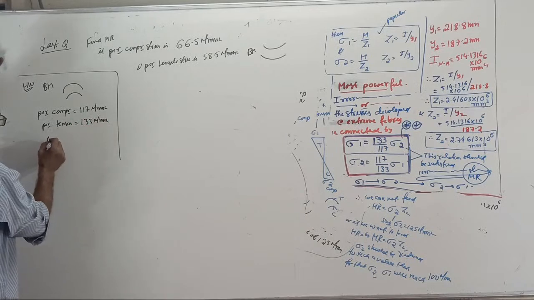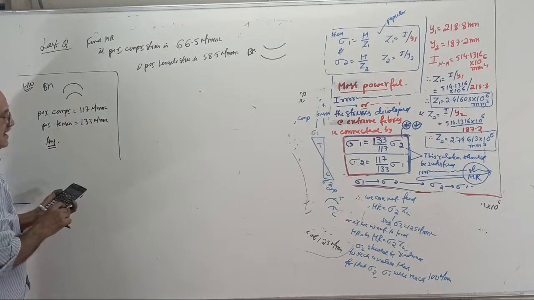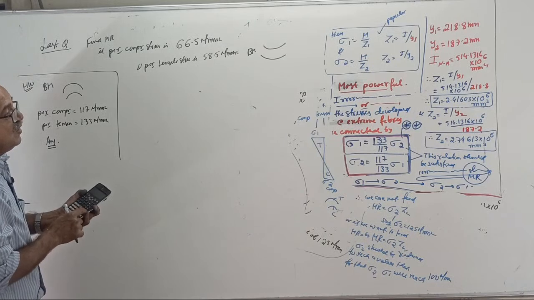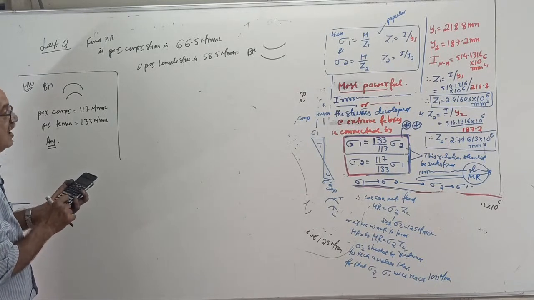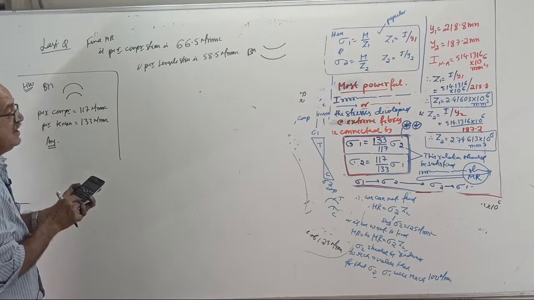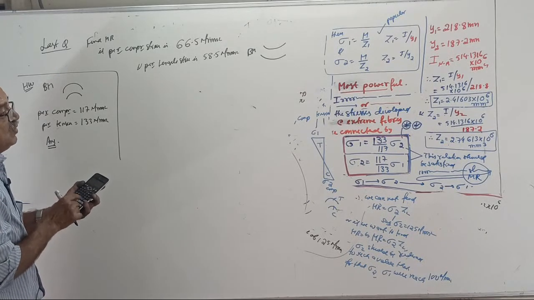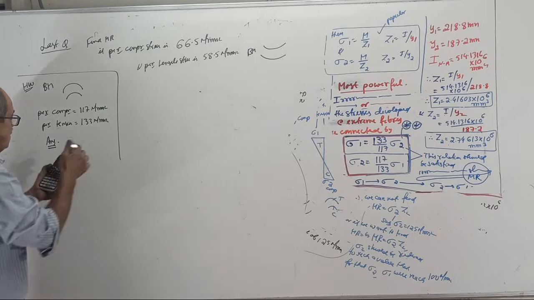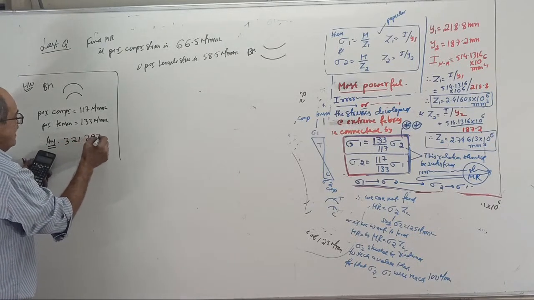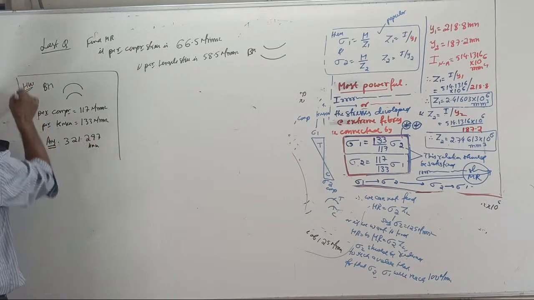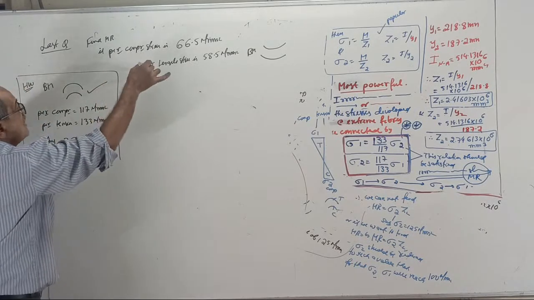I will give the answer for this one. Answer: for this question, answer 321.297 kilonewton meter. It is the homework for you. Enjoy later.